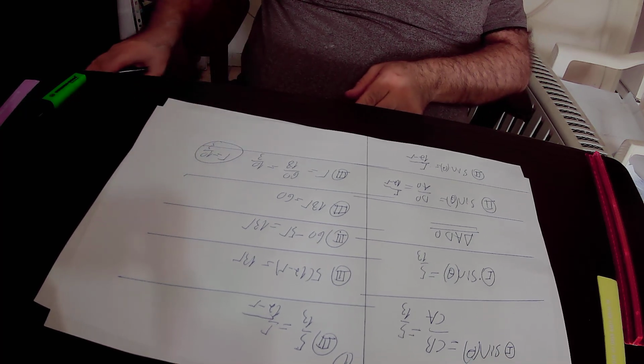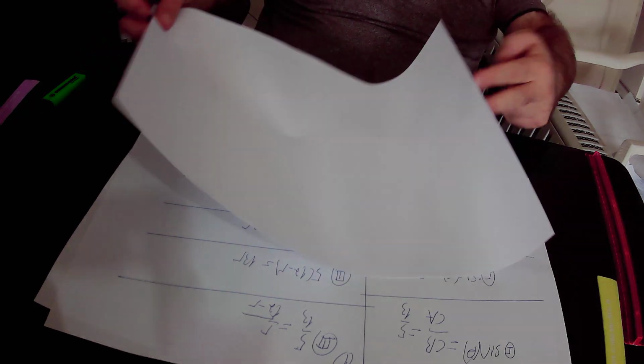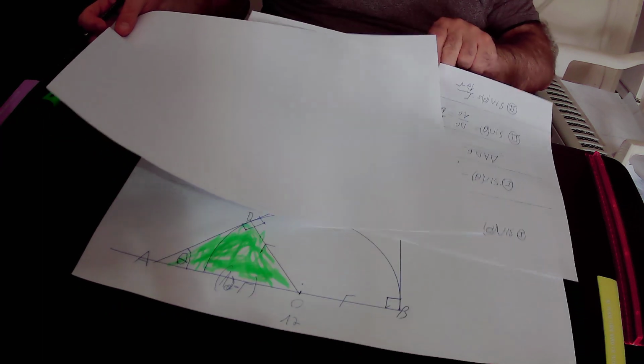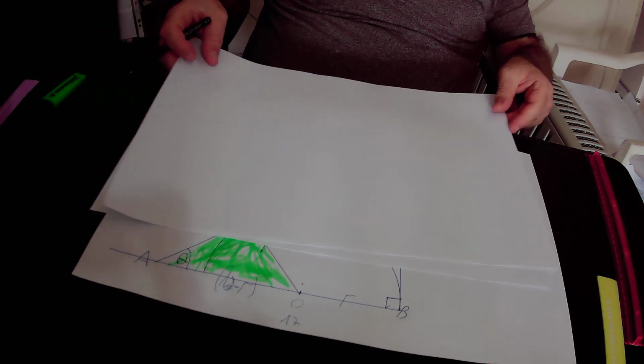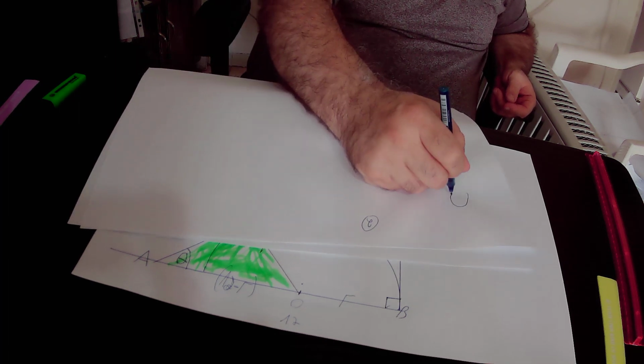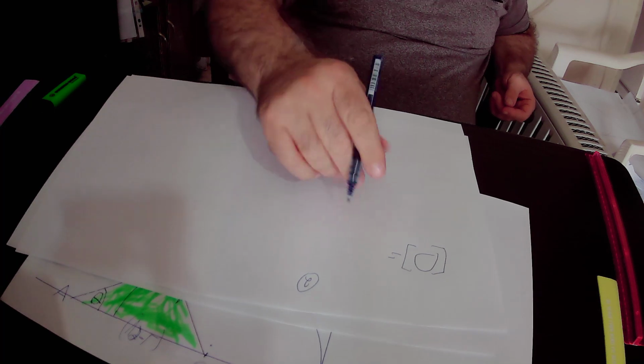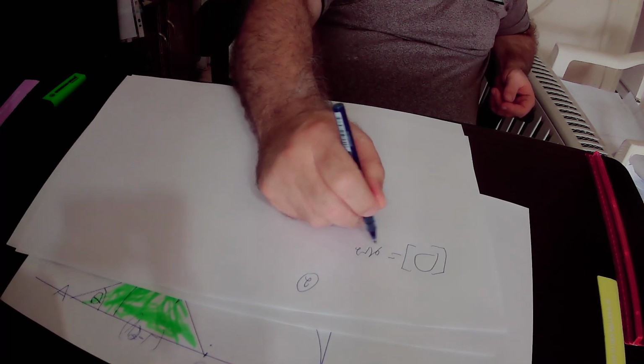Therefore, the area of the semicircle equals pi r square over 2.